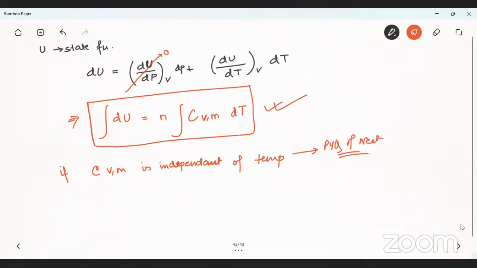If this is the condition, then delta U will be n CVM (T2 minus T1).